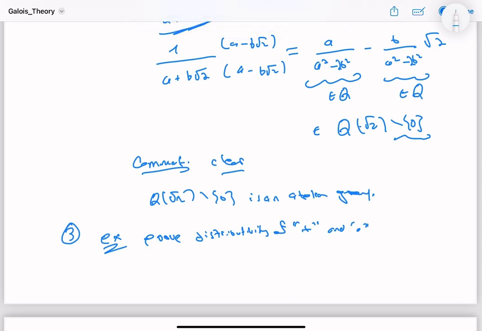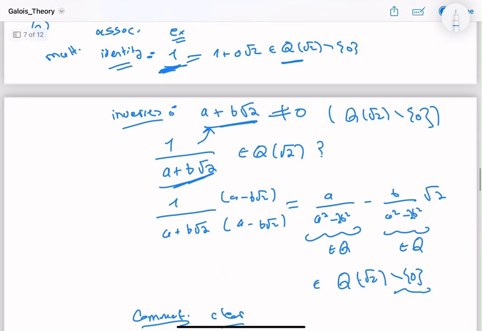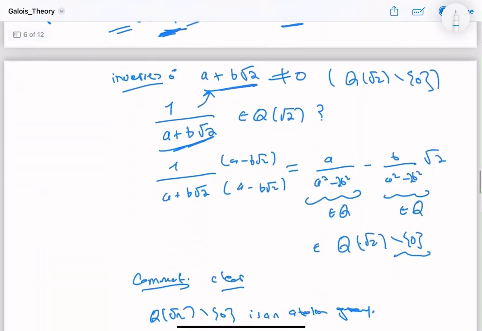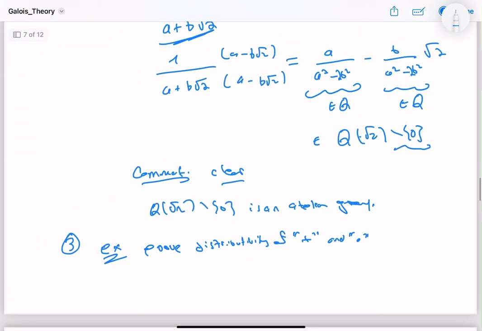This is an easy exercise for you guys. All of this might be a tedious thing to do, however, it's important to see it once in life. It's important to see why such a thing is a group, right? It's important to see it once in life.